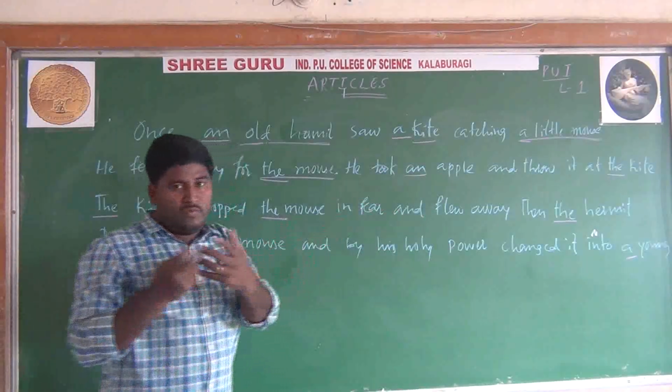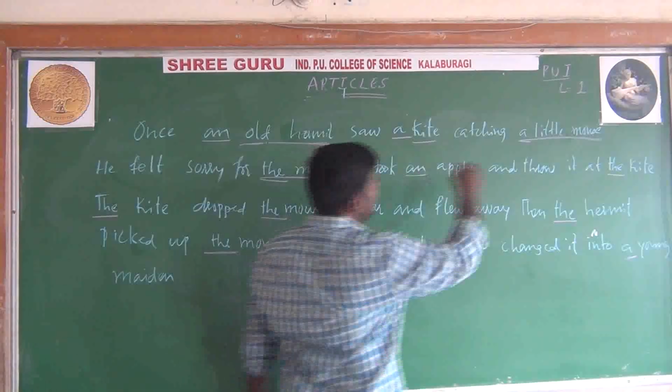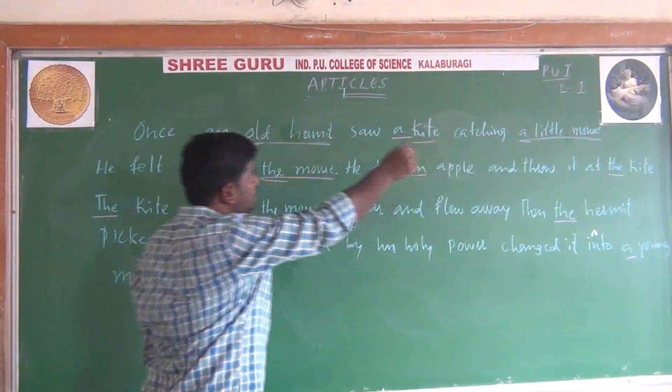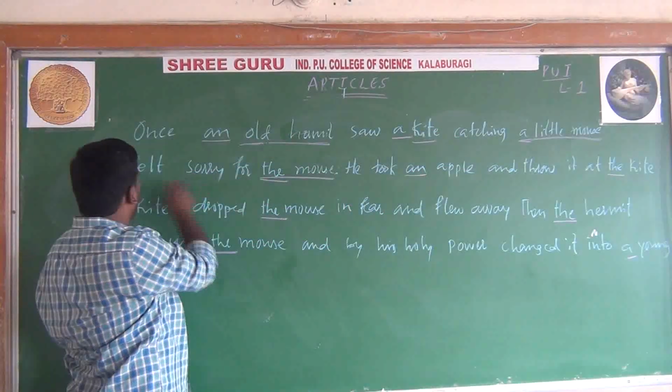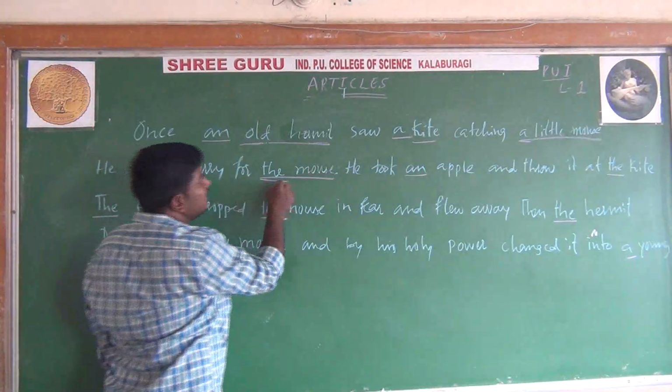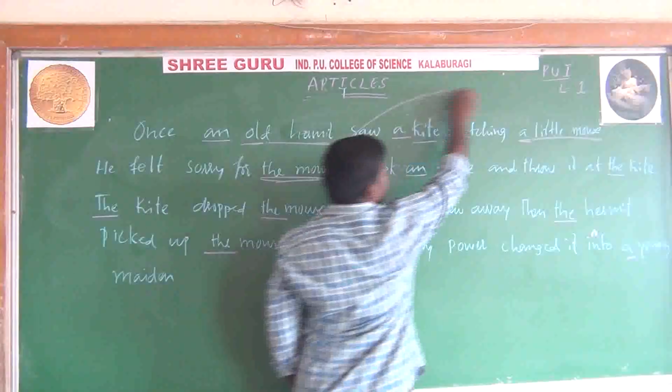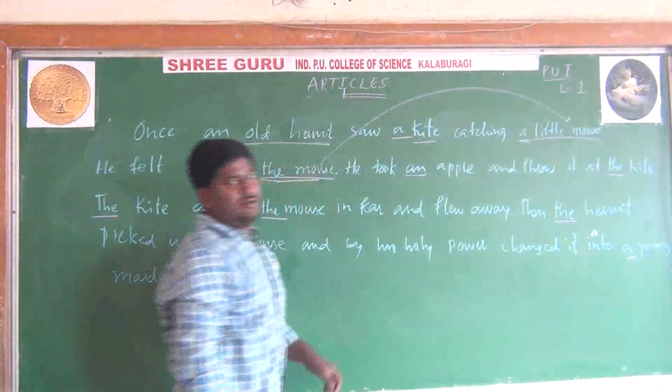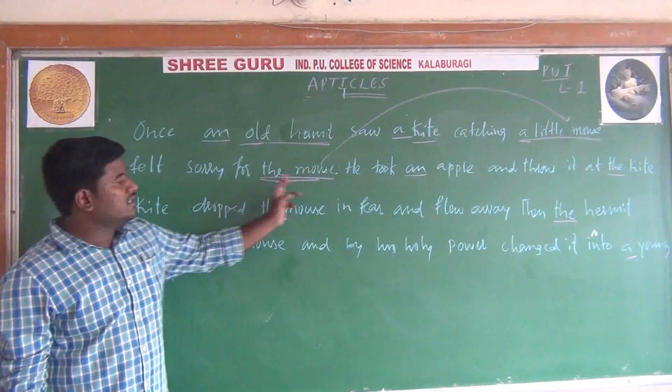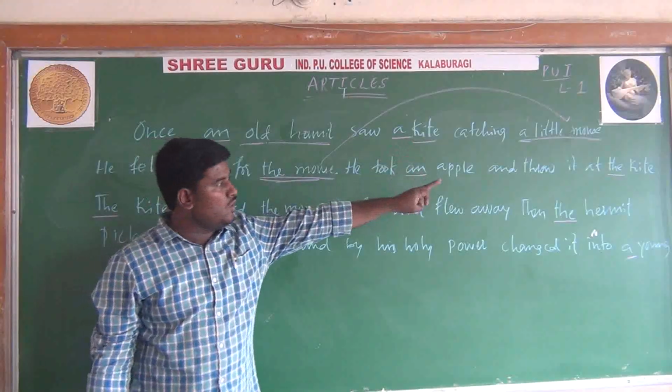So he felt sorry for the mouse, none other than the same mouse he talked about earlier. The mouse means the one which is already known.